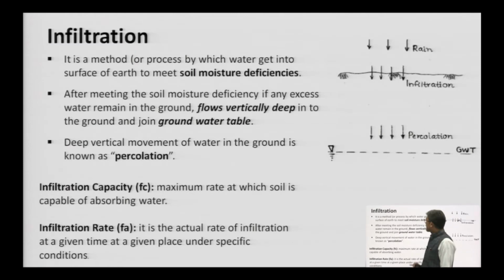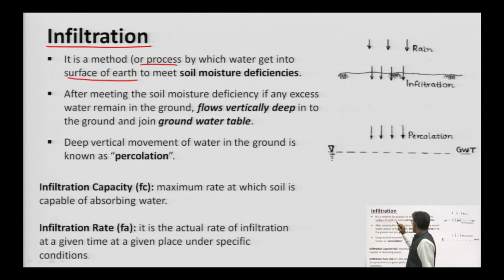Let us come to another topic, that is infiltration. What is infiltration? Infiltration is a process by which water gets into the surface of the earth to meet soil moisture deficiency.